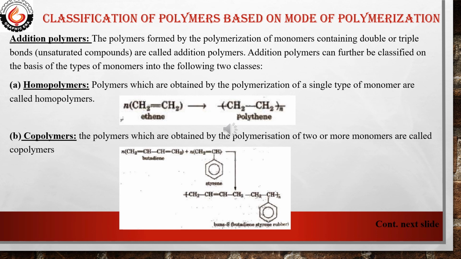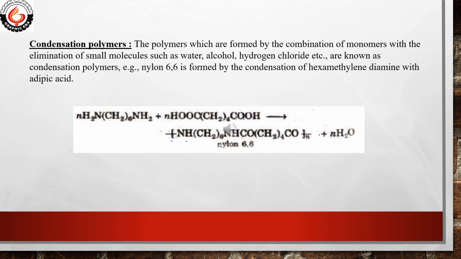These two monomers join together alternatively to form butadiene styrene rubber. So in case of copolymer, different types of monomeric units are joined together. In case of homopolymer, only one type of monomeric unit joins together.